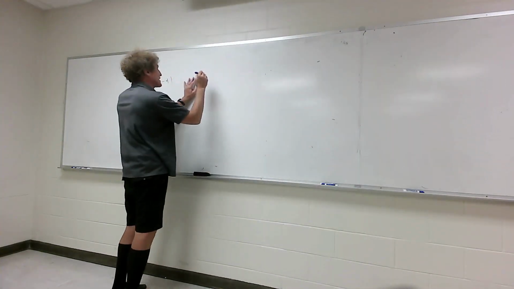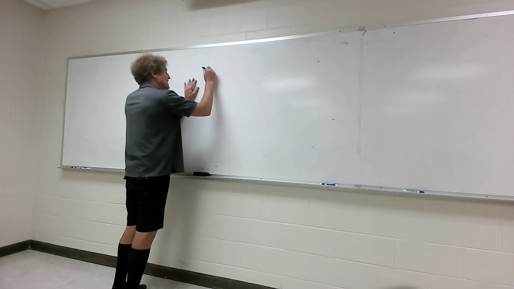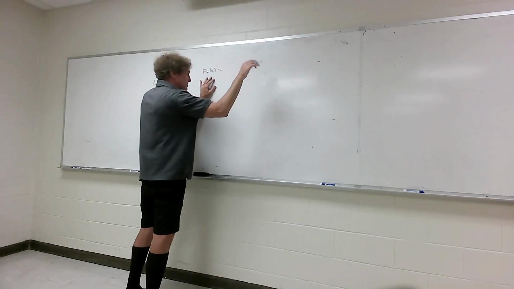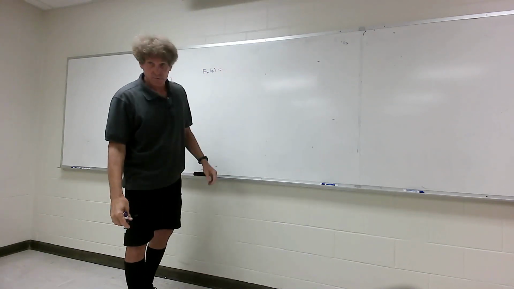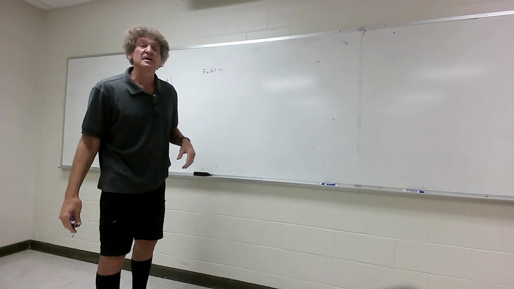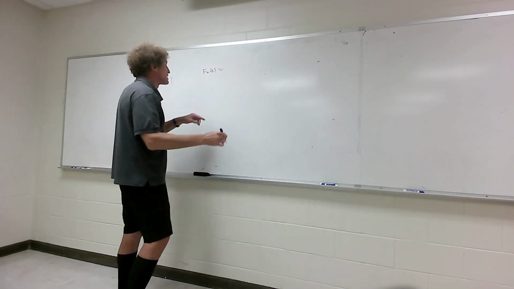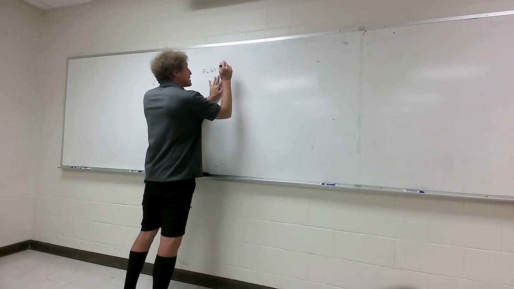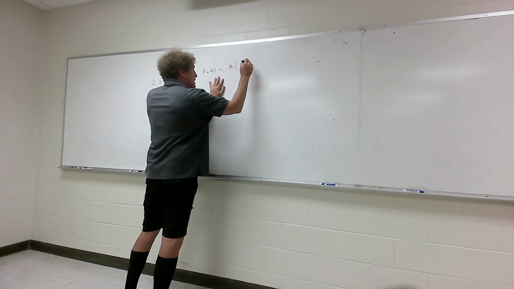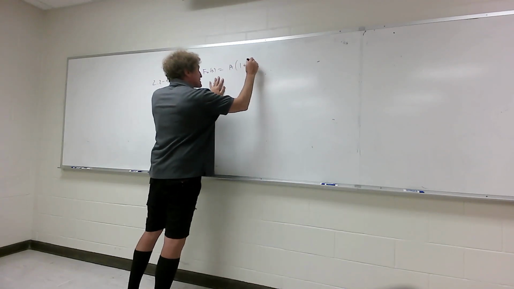Capital F of x equals 0 between negative infinity and negative 2, times u of x minus 2. Then the probability distribution function is a times 1 plus sine b of x.